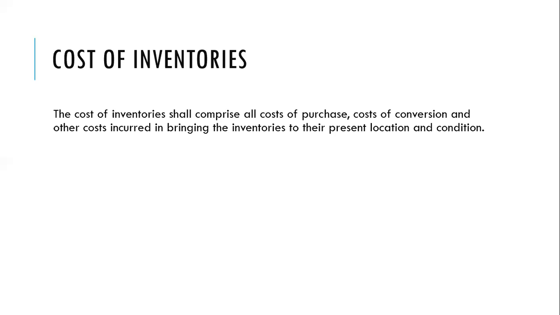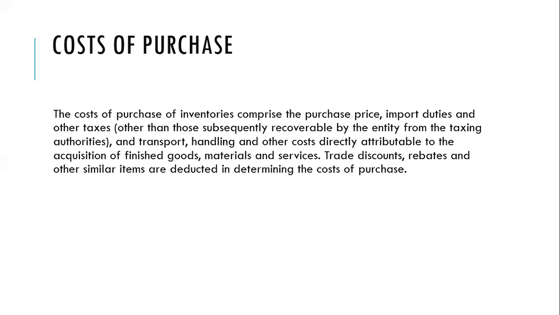So every cost that you incur in moving the inventory to its location, upgrading it to the level it is now, maybe ready for sale, all those costs must be added to the inventory cost. So that's why we have to track our expenditures on the inventory.